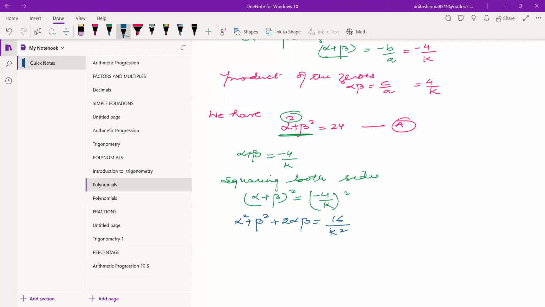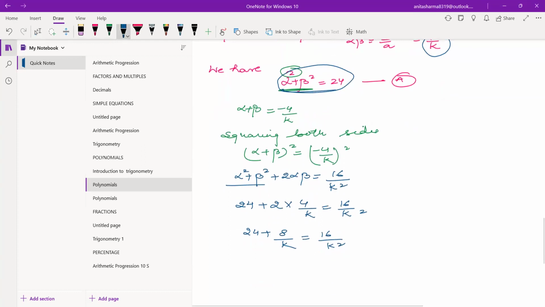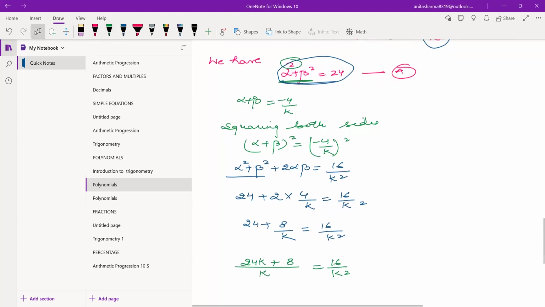Now, we have been given the value of alpha square plus beta square, 24, plus 2 into alpha beta, which is 4 by k, is equal to 16 by k square. So 24 plus 8 by k is equal to 16 by k square. Now children, you can take the LCM on the left hand side: 24k plus 8 by k is equal to 16 by k square.